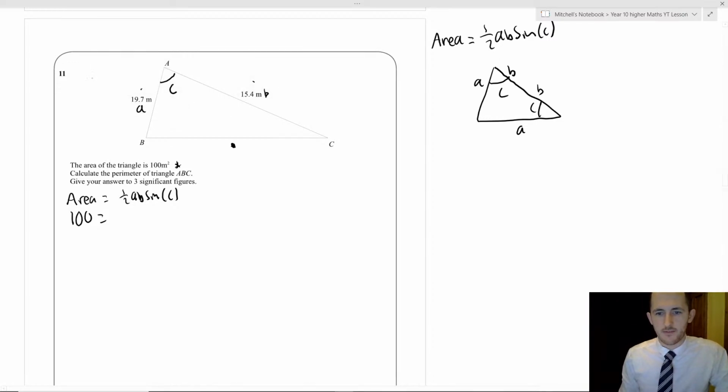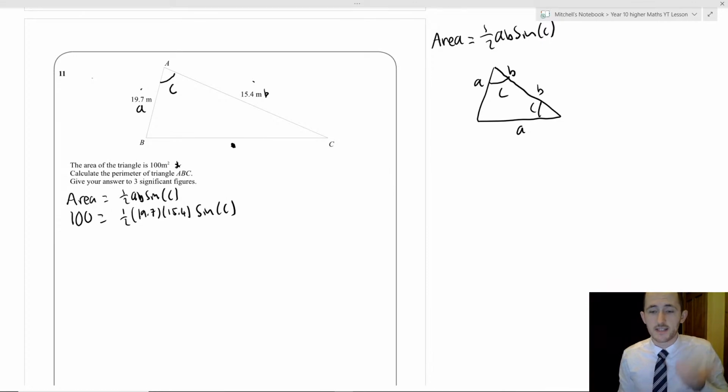So in this case, we have a half, A is 19.7, B is 15.4, and we want sine C. So now I need to actually rearrange to get what I want. Times both sides by 2 to get rid of the half.